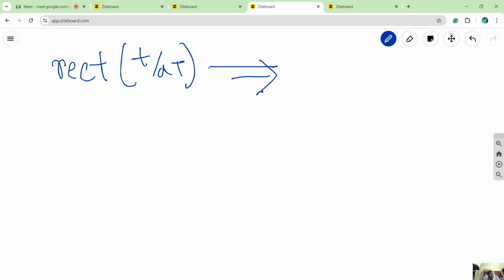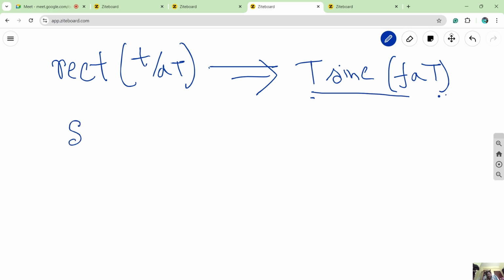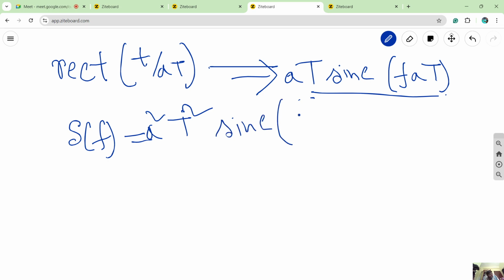And we know the Fourier transformation is T sinc of f aT. So S of f will be like this: a square T square sinc square of f aT.